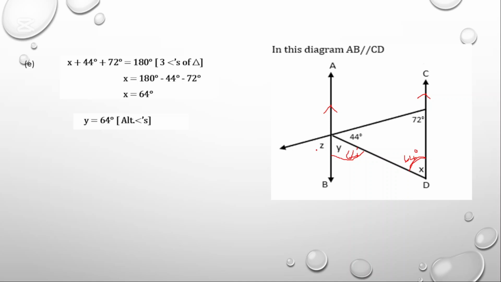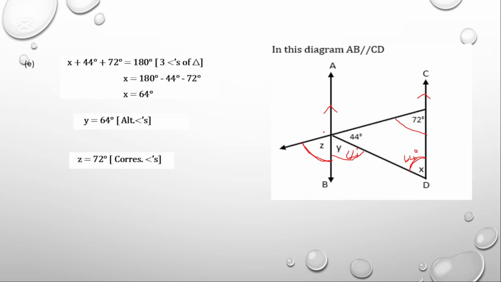There are two ways to get to Z. The first one, from the parallel line to the transversal, from the parallel line to the same transversal. That is what we call corresponding angles. They are corresponding angles, and they are equal. So Z is equal to 72 degrees, corresponding angles.